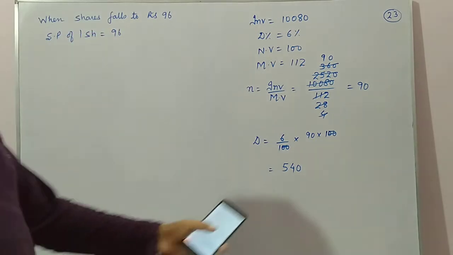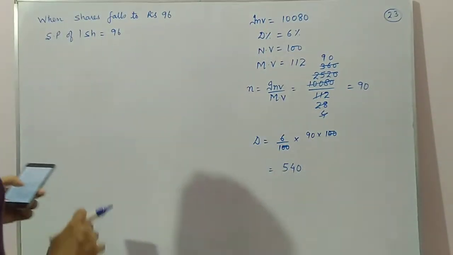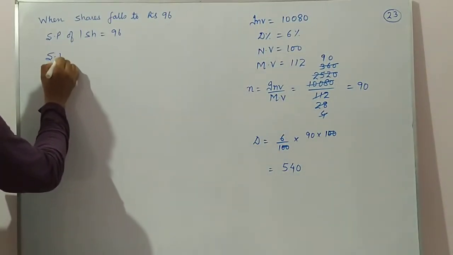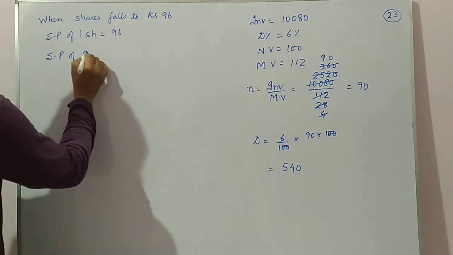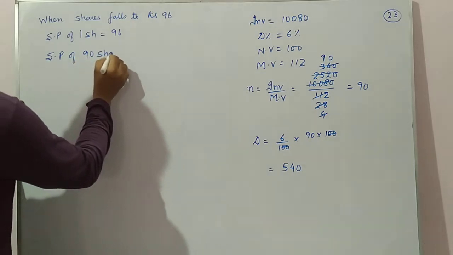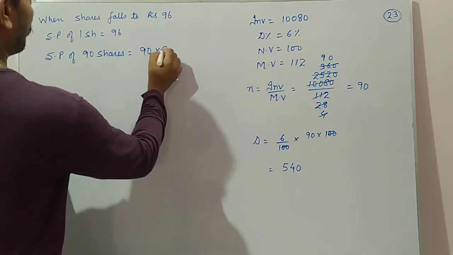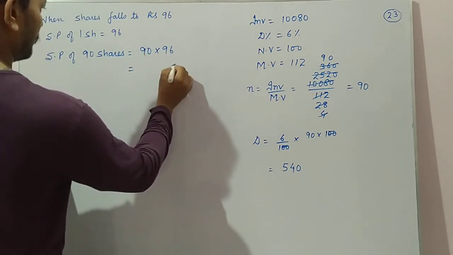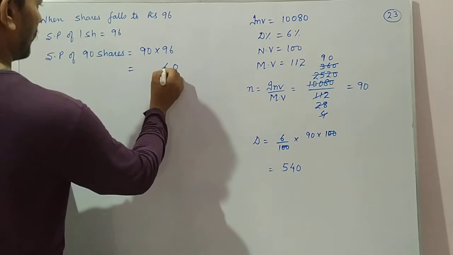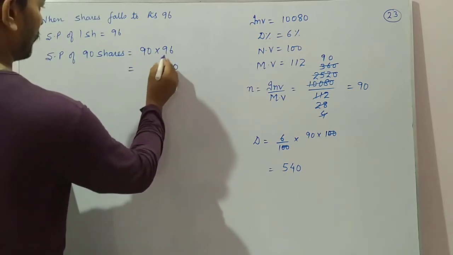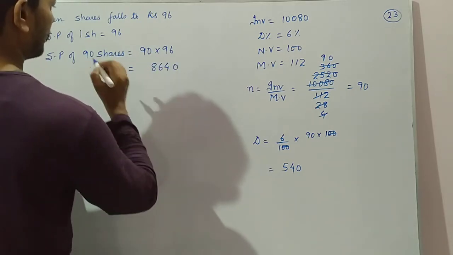How many shares does he have? 90 shares. So the selling price of 90 shares will be 90 into 96. 0, 9 6s are 54, 5, 9 9s are 81, 81 plus 5, 86.